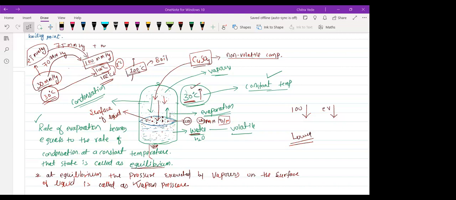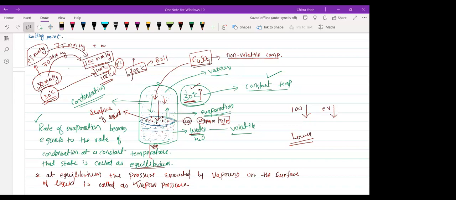That elevation in boiling point depends on the amount of solute we dissolve. If we dissolve more solute, more solute particles occupy the surface, so more water particles decrease on the surface, which causes more lowering of vapor pressure, and we require more temperature to boil the solution. Okay, everyone.